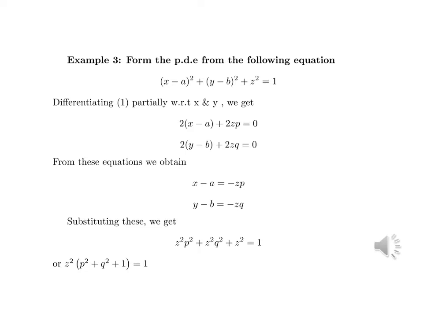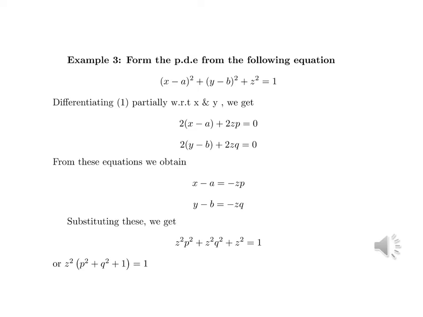When you differentiate with respect to x, you get 2 into x minus a plus 2z into dou z by dou x, that is p, so 2zp equal to 0. Now if you differentiate partially with respect to y, you get 2 into y minus b plus 2z into dou z by dou y, that is q, that is 2zq equal to 0.